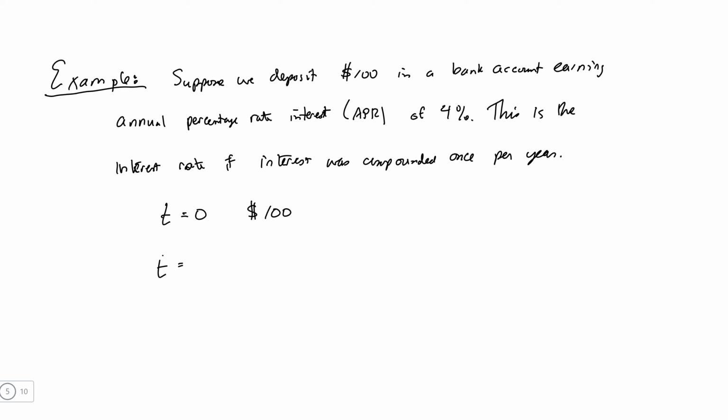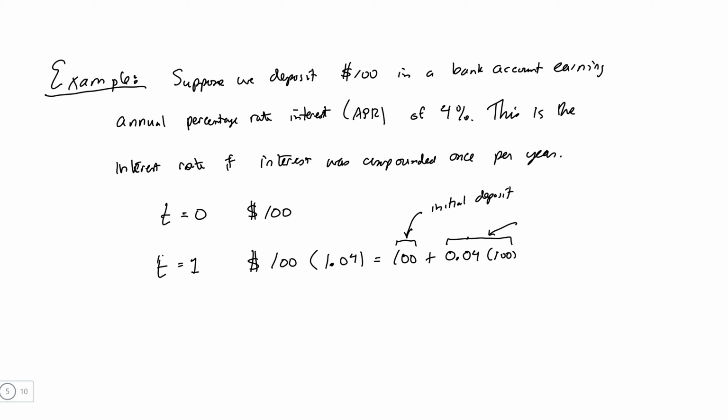After 1 year, we'll have gotten one interest payment, so I'll have that 100, but I'll have gotten interest on it, so 100 times 1.04. So this is the 100 plus 0.04 times 100. Notice this is the initial deposit, and this here is our interest on the deposit.